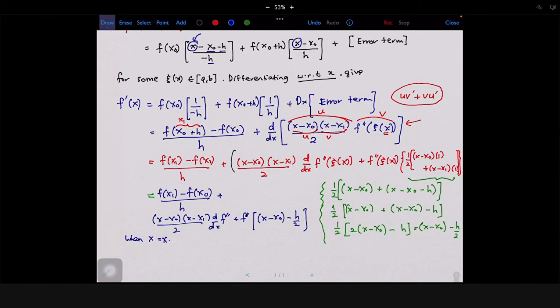Looking here, for each x we go to x naught, so this part is already 0, x naught minus x naught is 0, so only this part remains. So when x equals x0, we get f prime of x naught equals f(x1) minus f(x0) divided by h, minus h over 2 f double prime zeta, where x1 is x0 plus h. If h is small, this becomes the limit from earlier. What does the question ask?